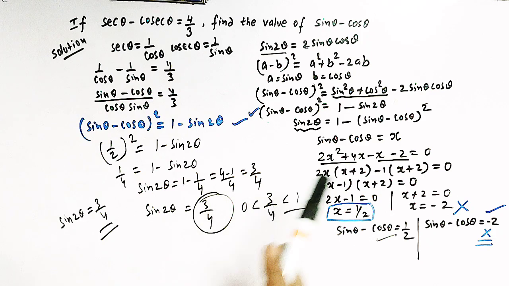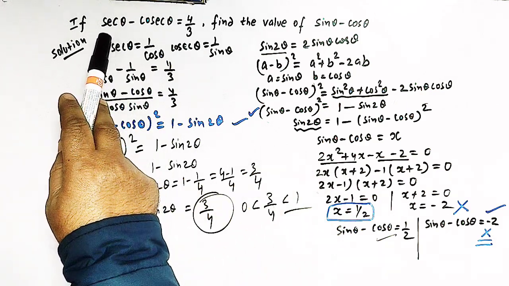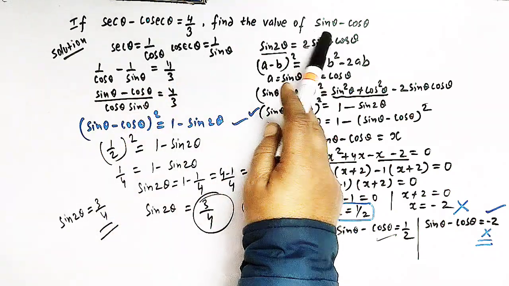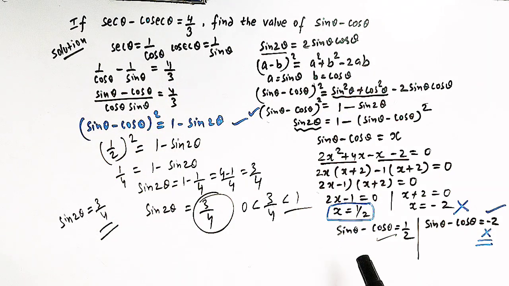So finally, we can claim that when secant theta minus cosec theta is equal to 4 over 3, then the value of sine theta minus cos theta is equal to half.